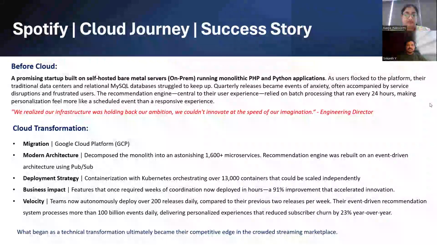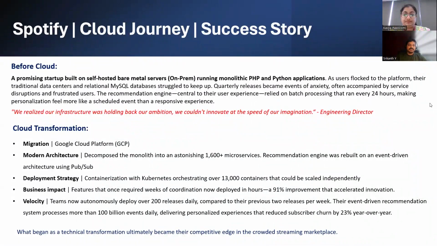It grew in popularity, and many users started leveraging the platform, and they started getting bottlenecks in terms of how they leveraged the traditional data centers and their SQL databases that couldn't scale up.